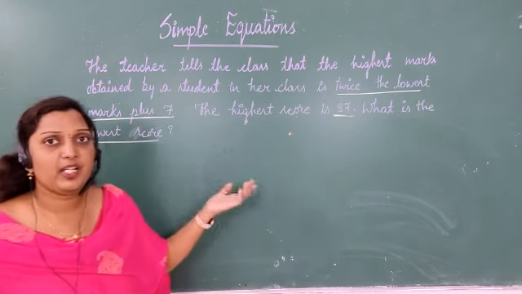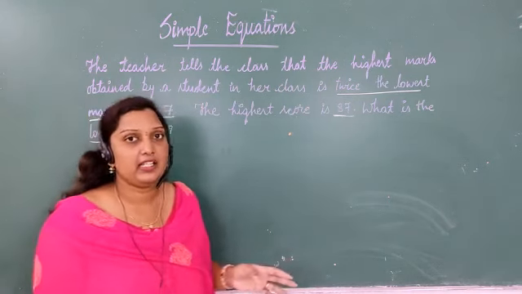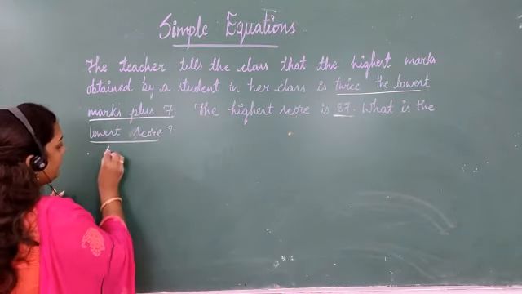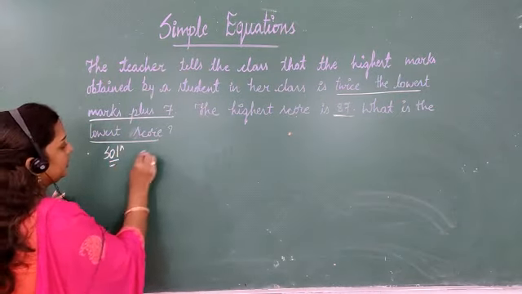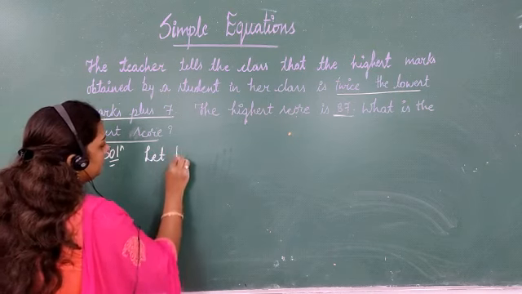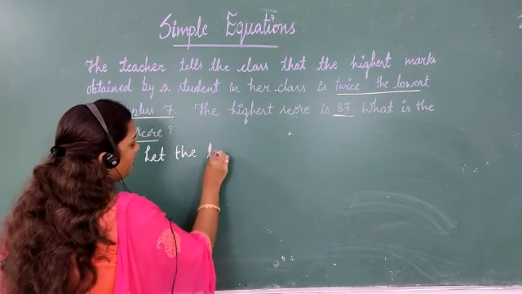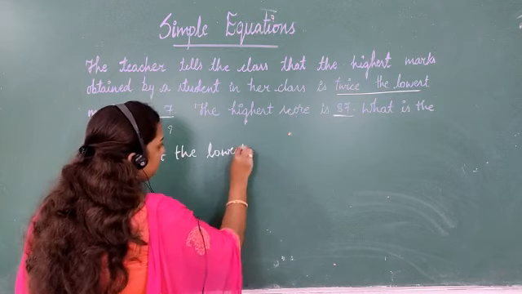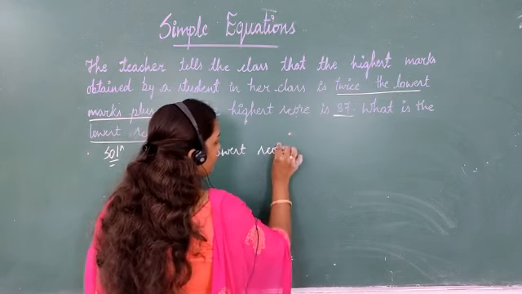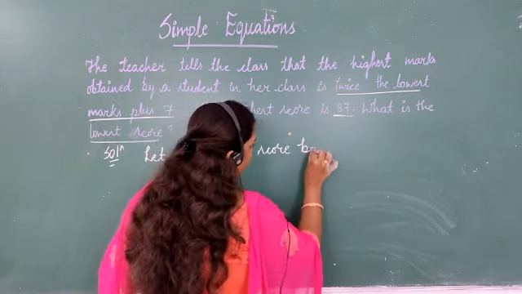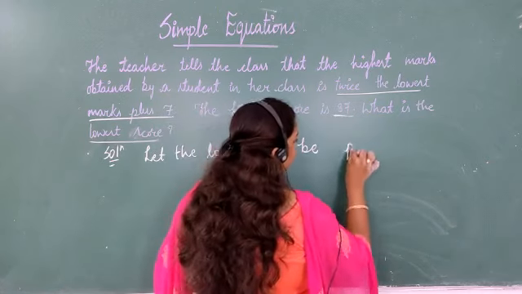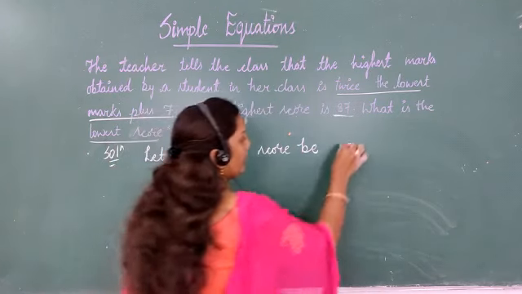You can take any variable a, b, c, d, x, y, z, anything. I will take, let the lowest score be p.